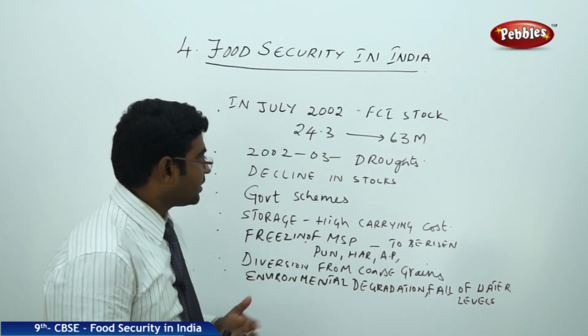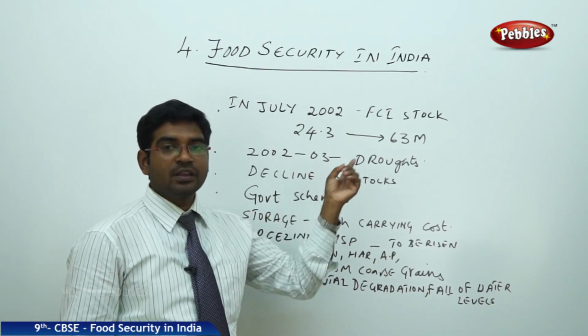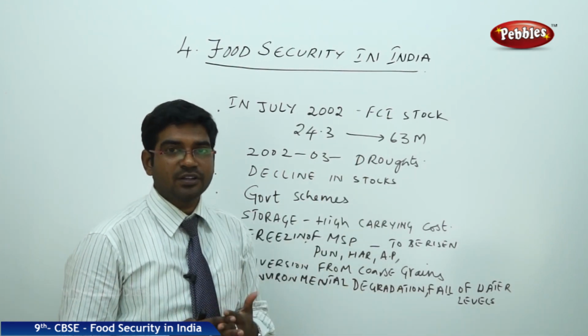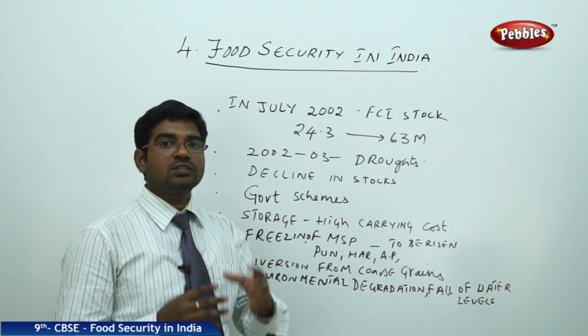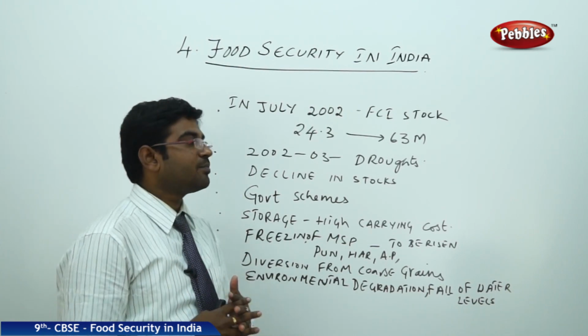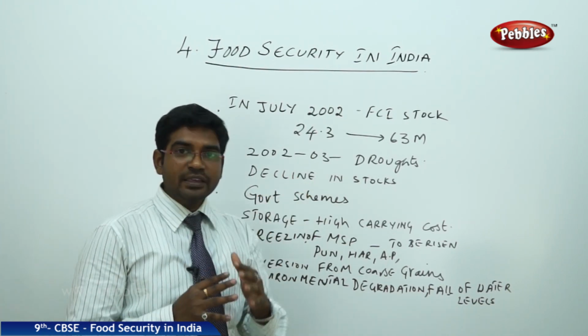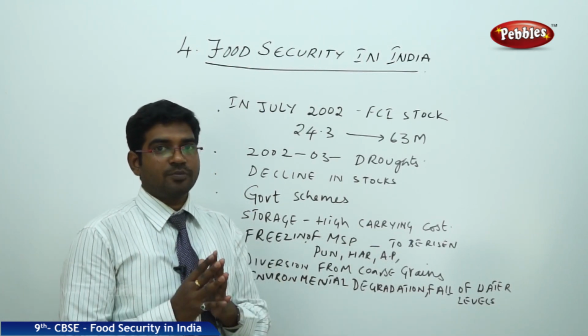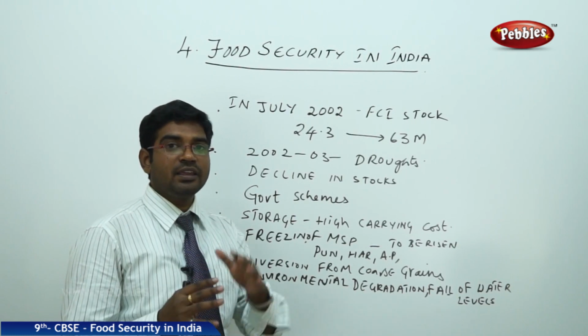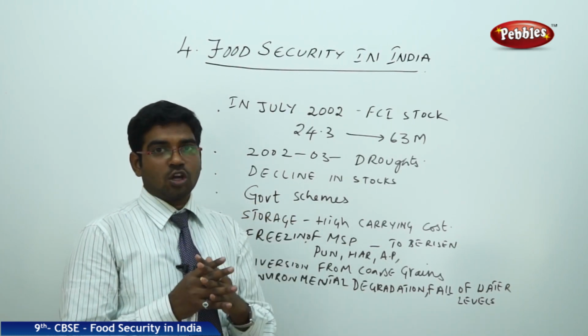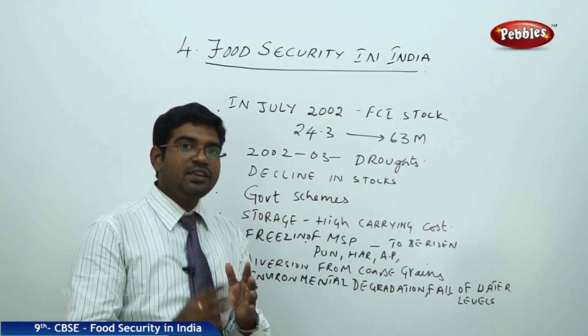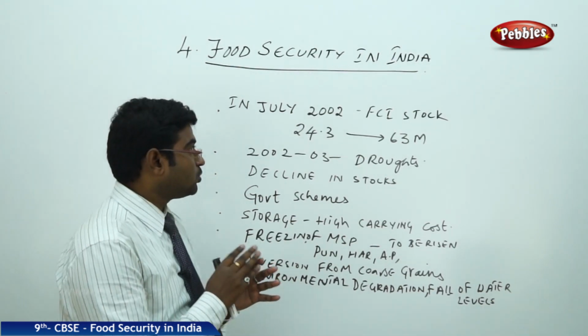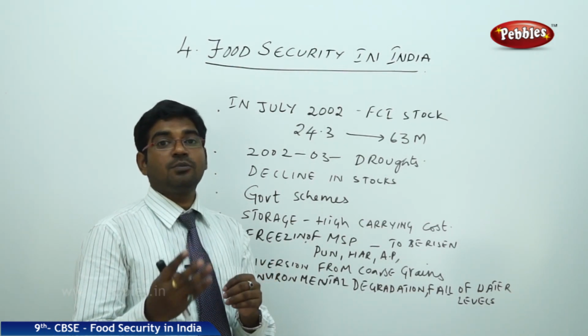And adding further, in 2002 and 2003, droughts affected our country. Droughts were spread in many corners of the country. So the government started to ease and distribute freely using the buffer stock. This also resulted in a decline in the stocks for many years, from 2002, 3, 4, 5, 6 up to 7.